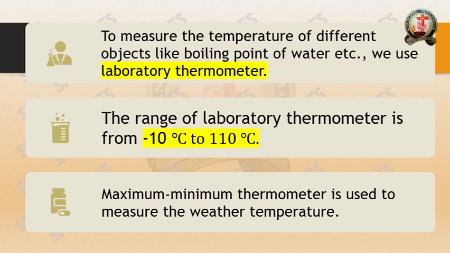And the maximum minimum thermometer is used to measure the weather temperature. So we cannot use a laboratory thermometer to measure the weather, that is, the day-to-day climatic changes; for that, we use the maximum minimum thermometer.